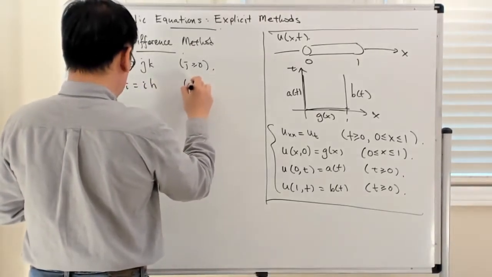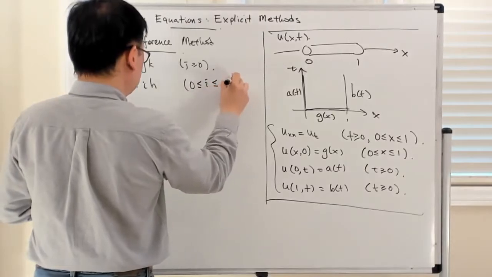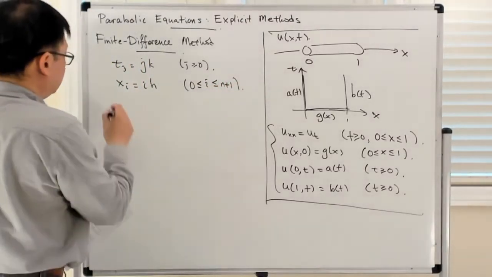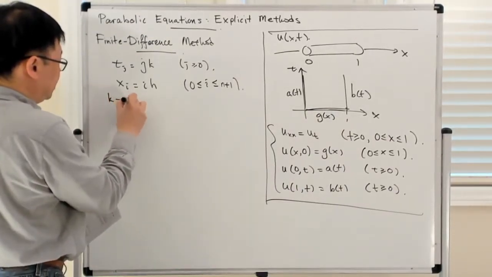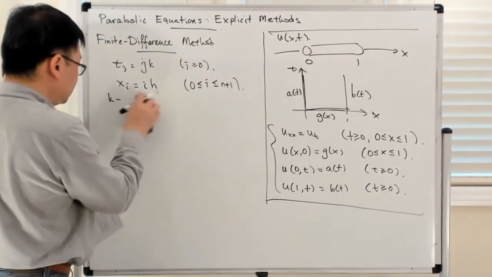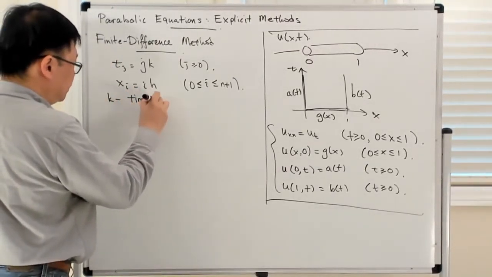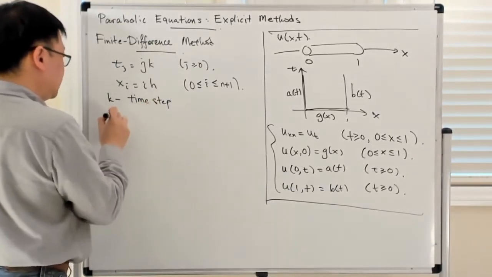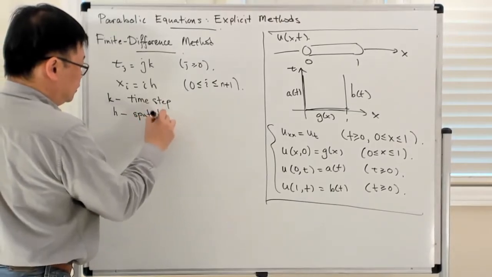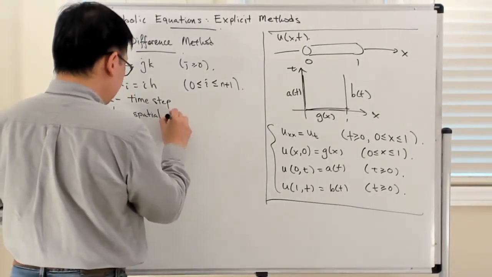And then i goes from 0 to n plus 1. So k is the temporal step size, right? It's literally the time step. And then h is the spatial step.